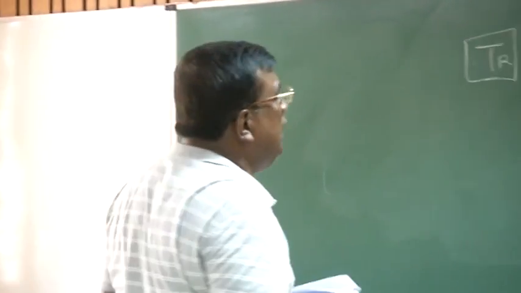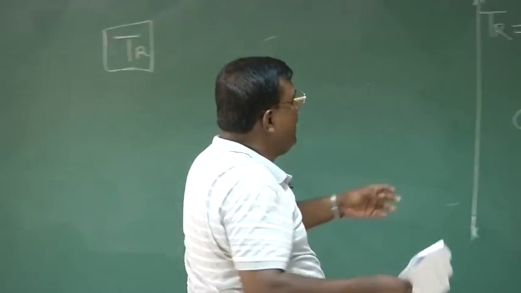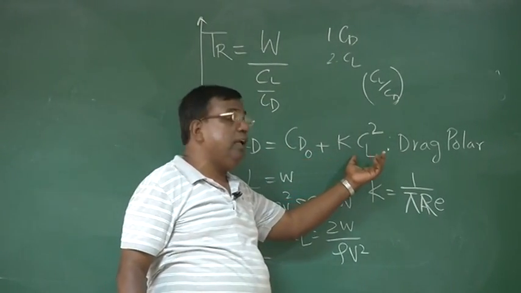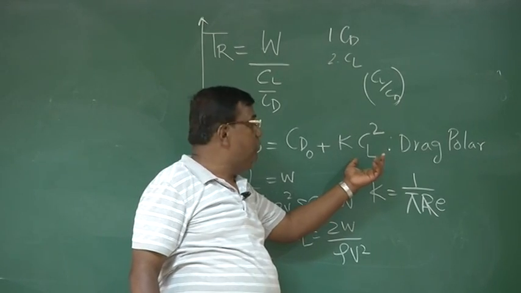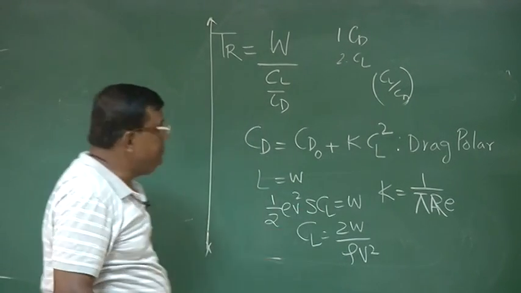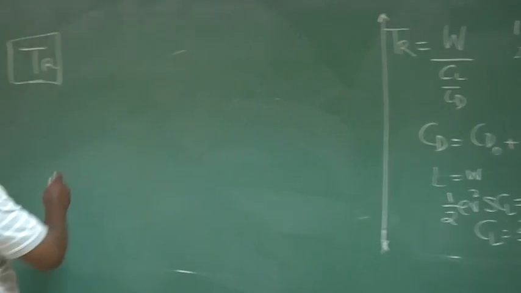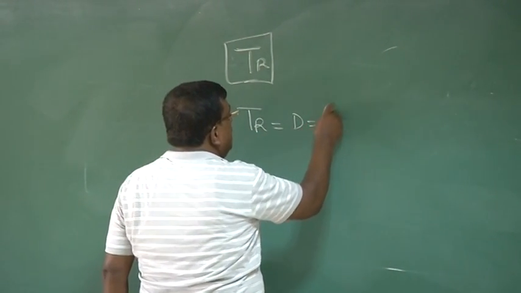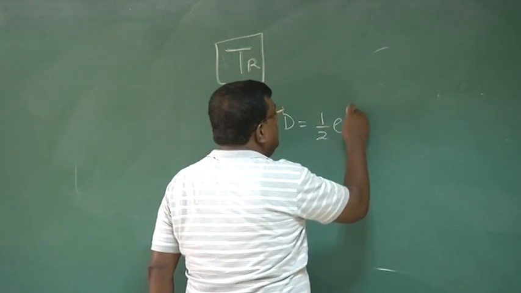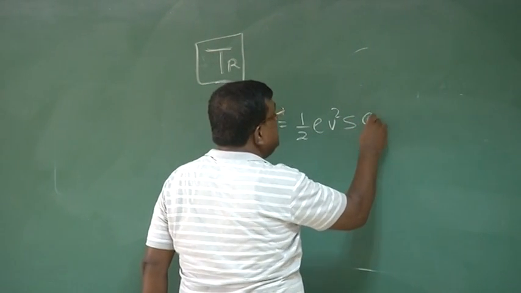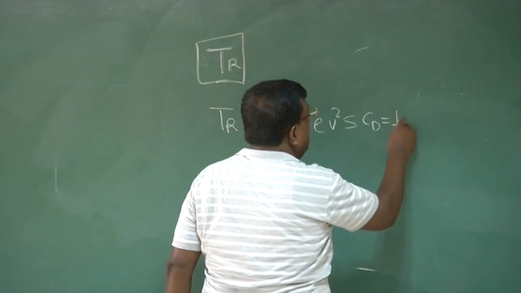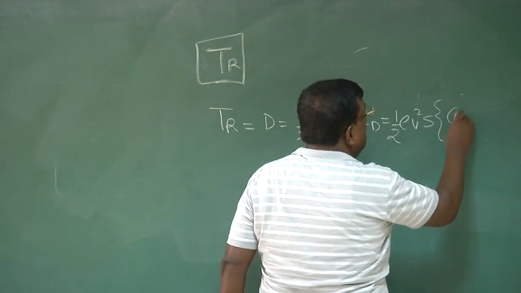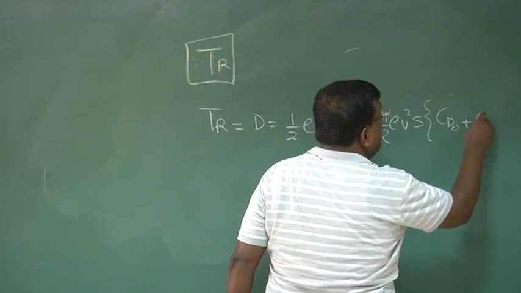And who is giving us drag? Drag is because of zero lift drag, CD naught, and because we are requiring lift, that is also giving a drag, which I call induced drag, right? So let us see, if I write now thrust equal to drag and equal to half rho V square S CD, and then further I write as half rho V square S into CD naught plus K CL square.